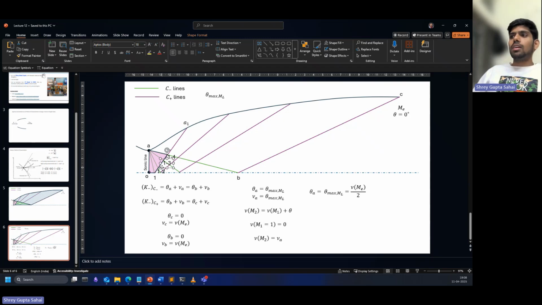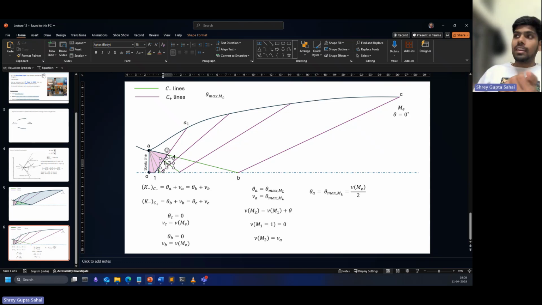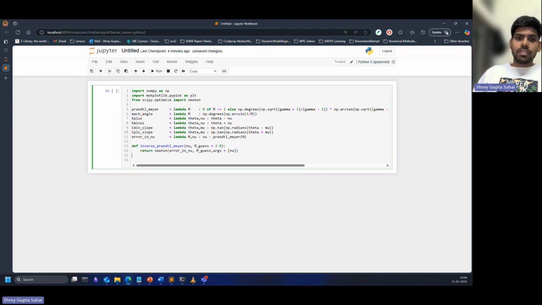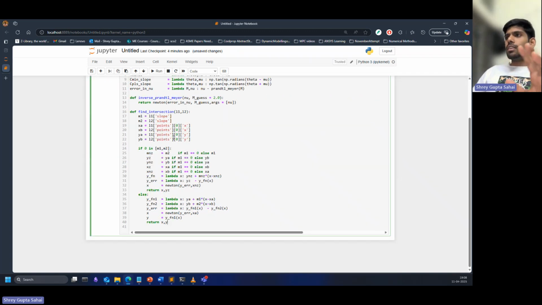So we have to mark points which are intersections of two lines, maybe C minus and C plus, maybe the center line and the characteristic lines. In that sense, we need another helping function, which finds the intersection of two lines. I'm going to wait before I explain its working.